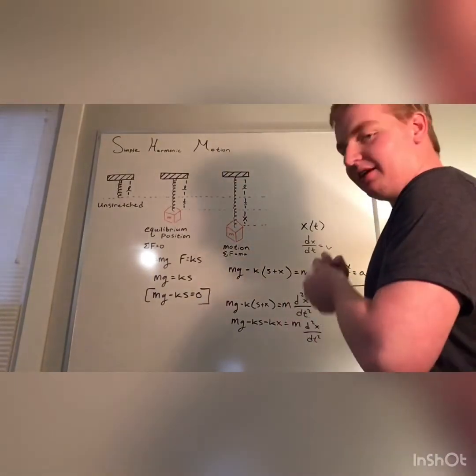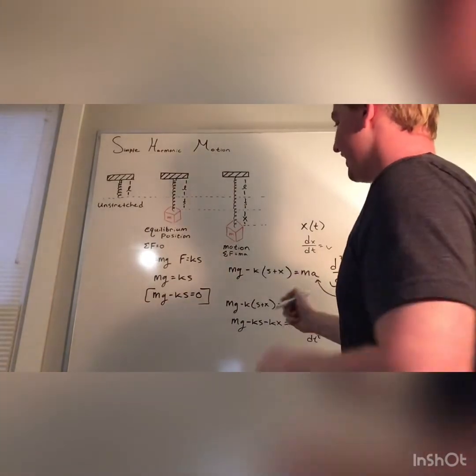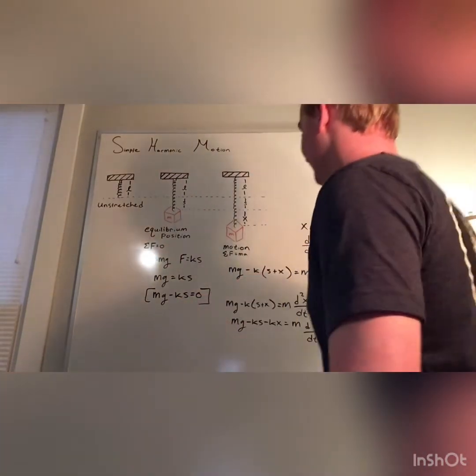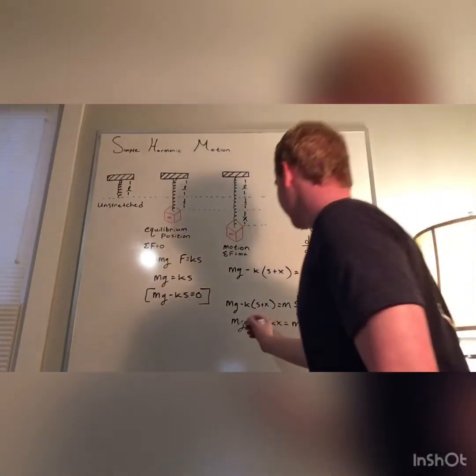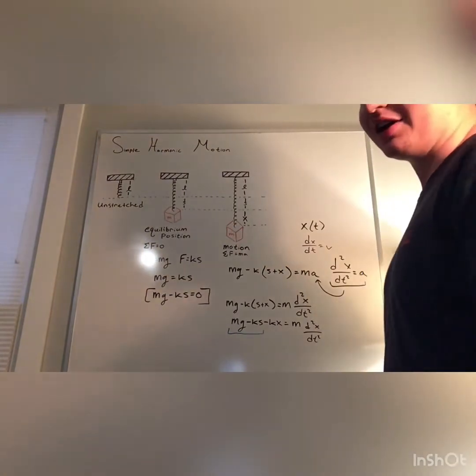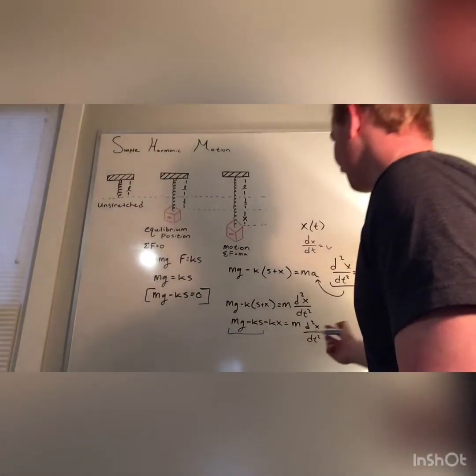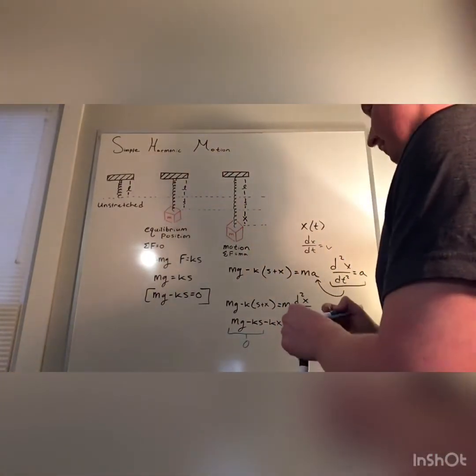So, looking back at our static case, we see that mg minus ks is equal to 0. So looking at our new equation, we see this mg minus ks pop back up again. So simply we can just say that this part of the equation is equal to 0.